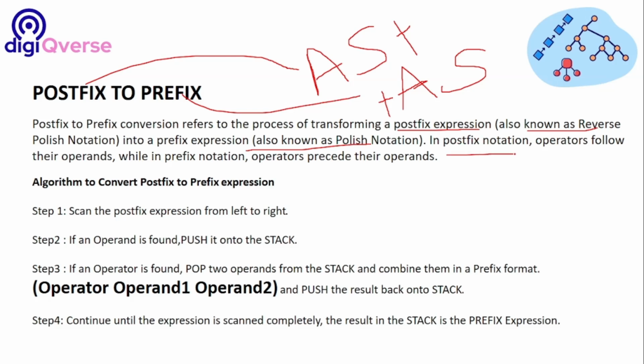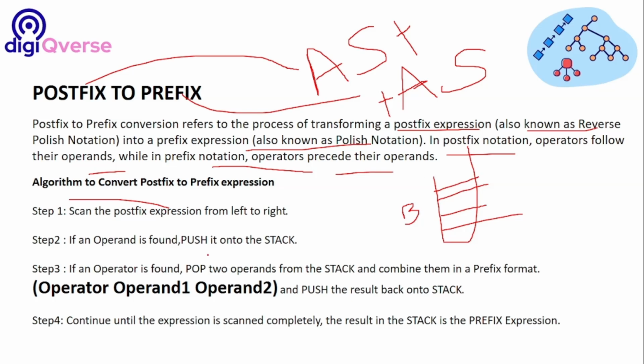In postfix notation, the operator follows its operands, while in prefix notation, the operator precedes its operands, like the example we have discussed. So what does the algorithm say? Scan the postfix expression from left to right, and of course we should have a stack. If an operand is found, push it onto the stack.